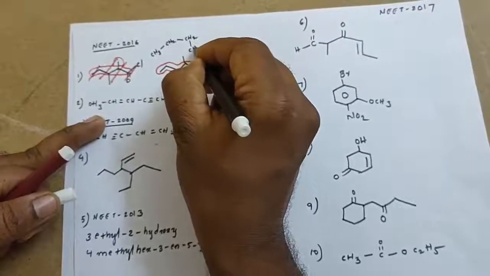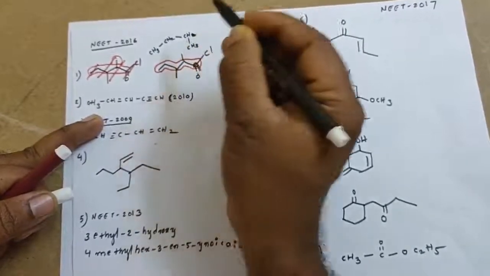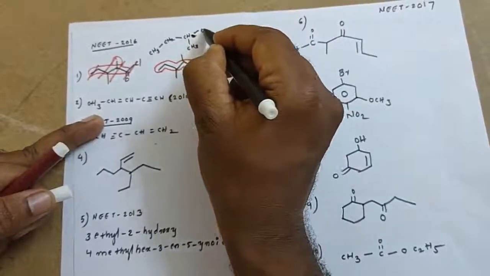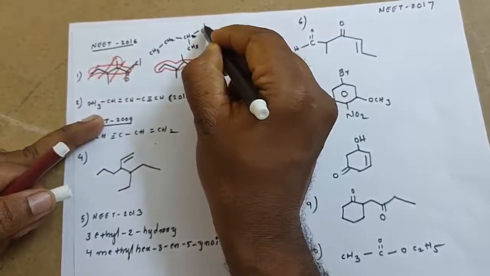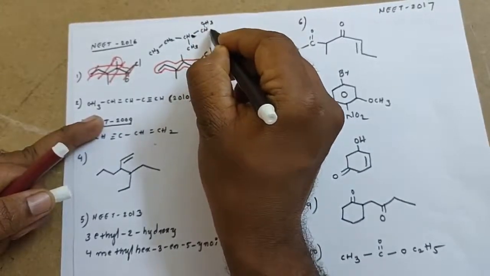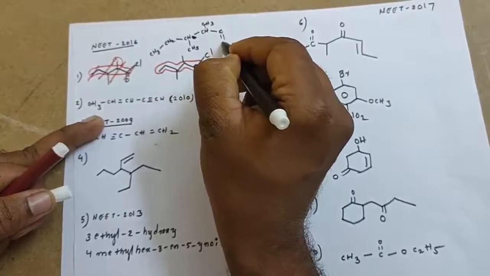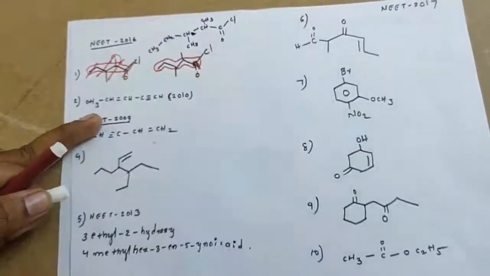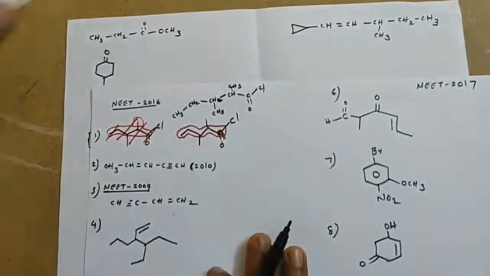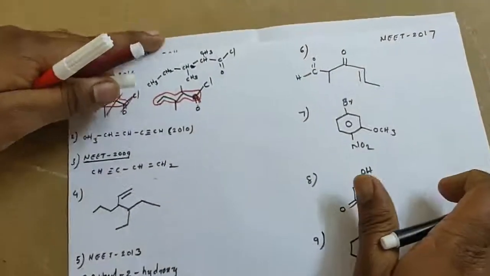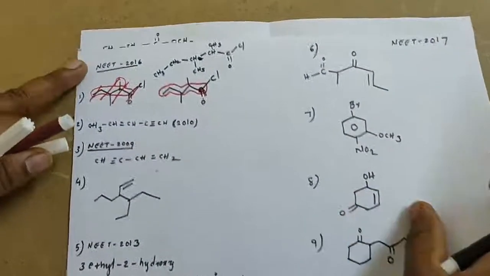I can write the CH3, but here only one CH, and here again a CH, and there is a CH3 here. This is the C double bond O Cl. I hope you understand. These are the expanded structure for this.